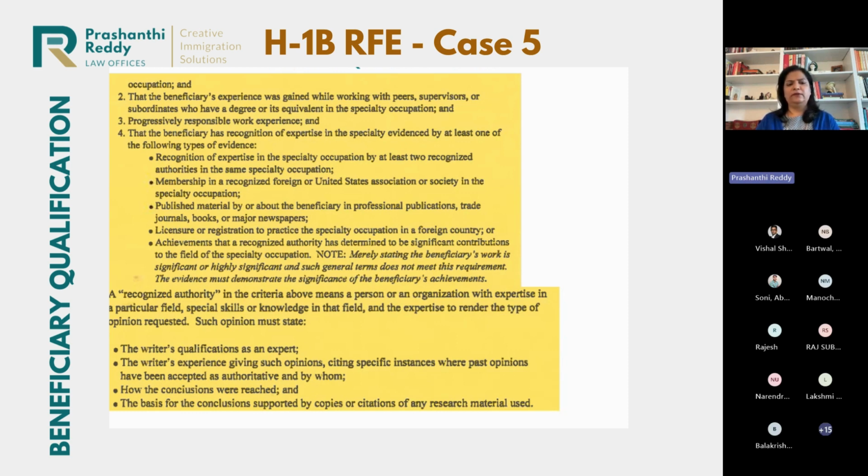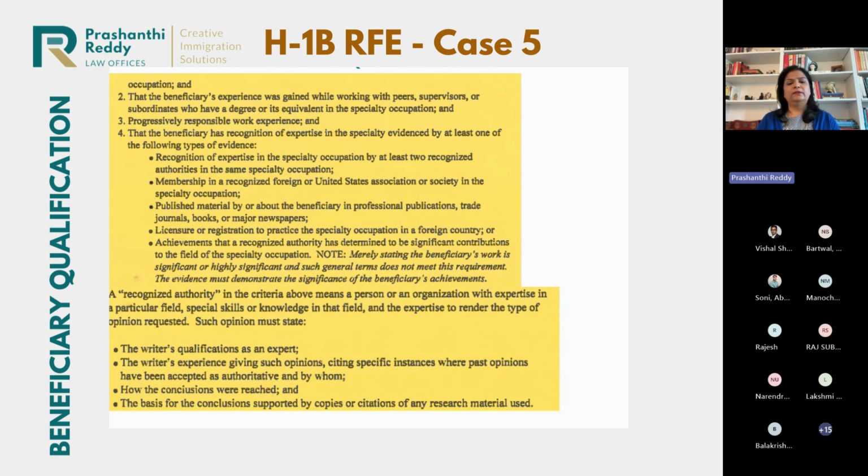So you have to submit their resume, and if they are giving you an expert opinion letter on a work experience, then you have to submit a letter from the university stating that they qualify, and they do this for the university on a regular basis, meaning that they qualify their students' degrees and work experience.